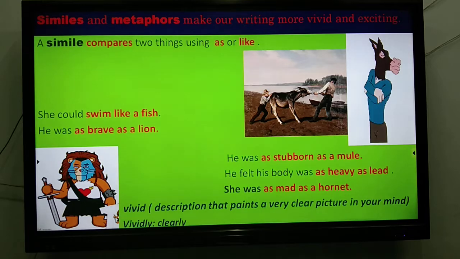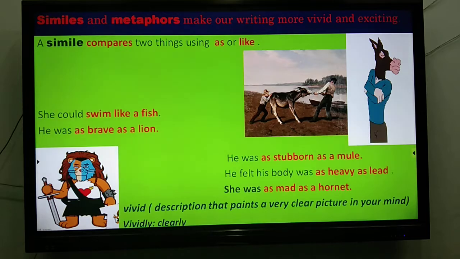In the same way, the other simile we used was, she was as mad as a hornet. So these are the similes where we compare somebody to something else. For example, it could be a mule, a lead, or hornet, or fish, or lion. So these are called similes and we use as or like.